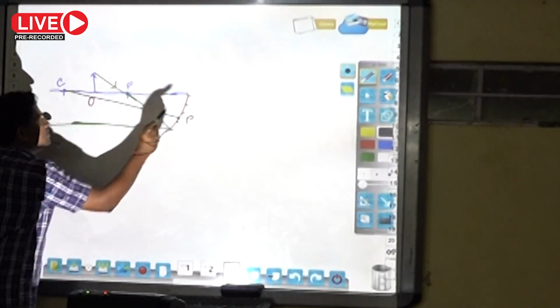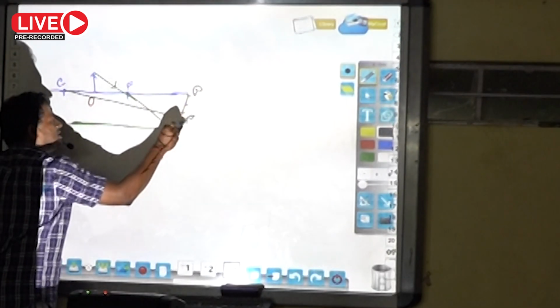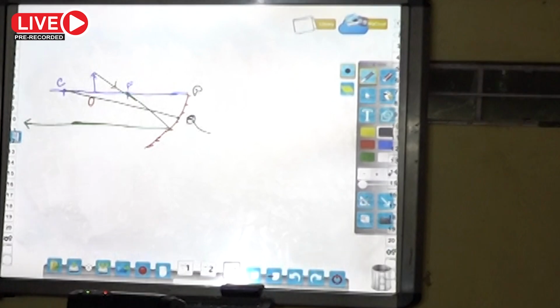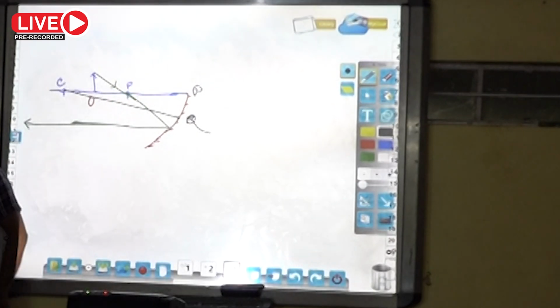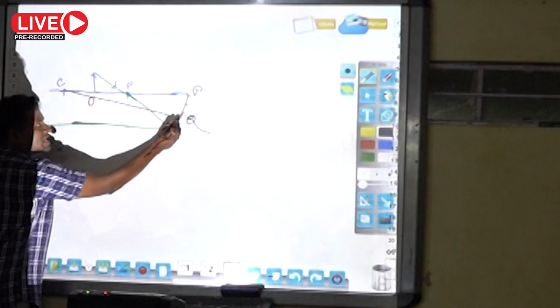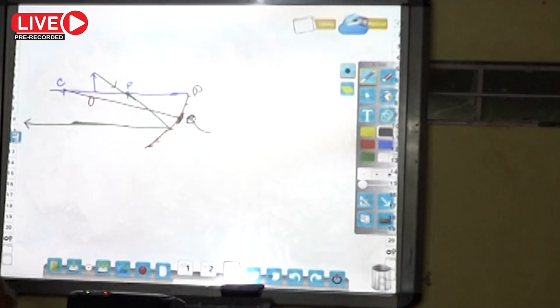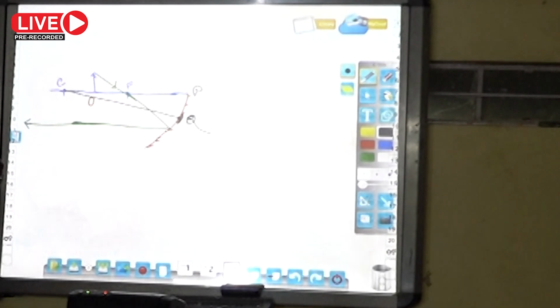Any arbitrary point P. Say this is the pole normally considered, so this one is Q. Now see, CQ can be considered as radius, and the radius at this point will behave like normal, because radius will be perpendicular to the tangent.